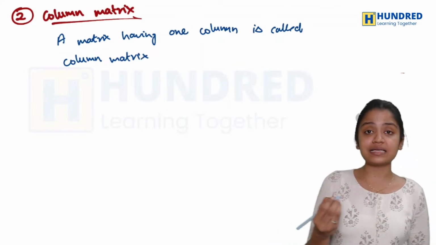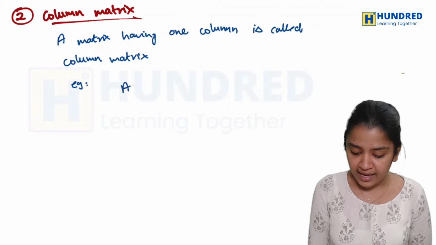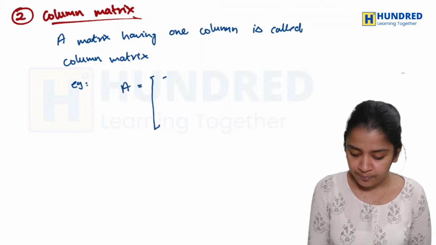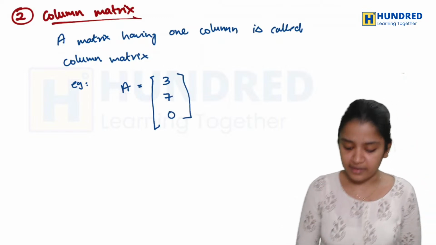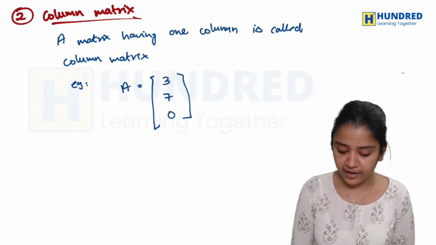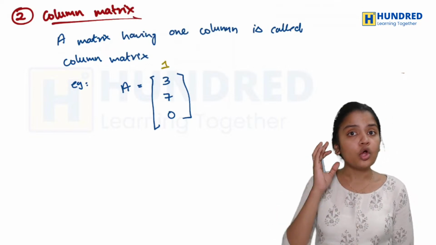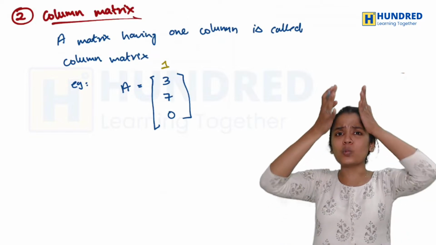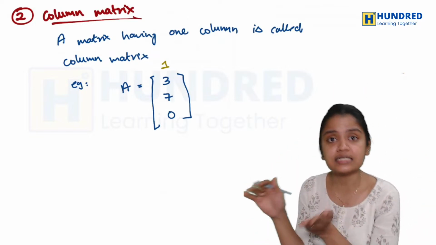How do you represent a column matrix? For example, you can write A as [3, 7, 0]. When you look at the matrix, you can clearly identify you just have one column. Columns are the vertical arrangement, and rows are the horizontal arrangement.